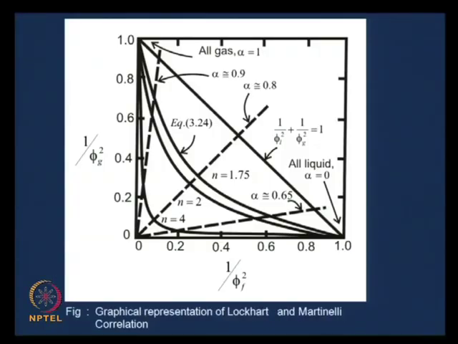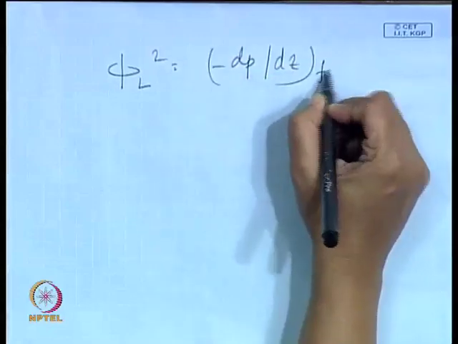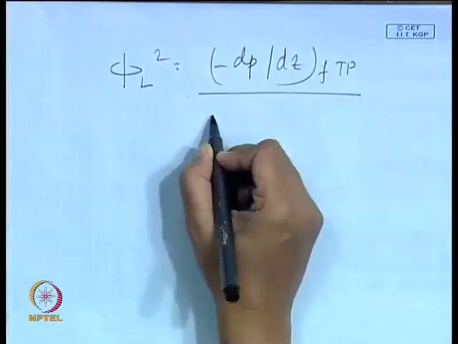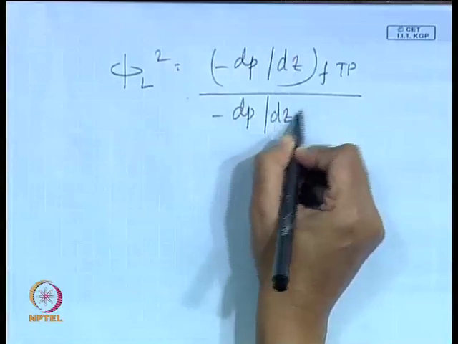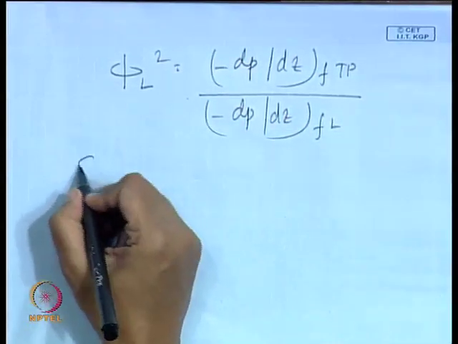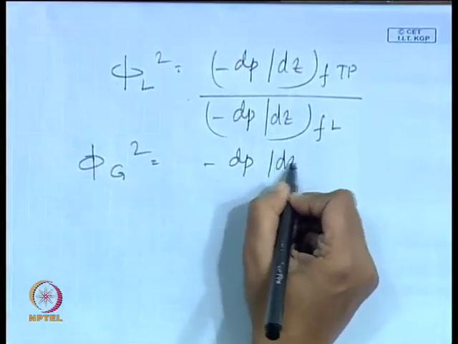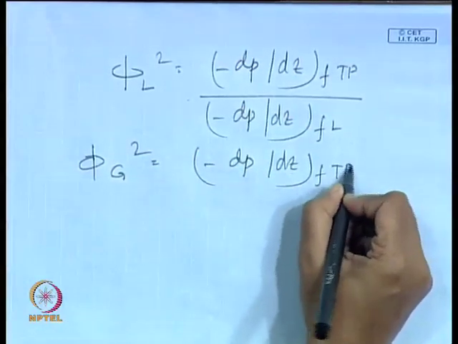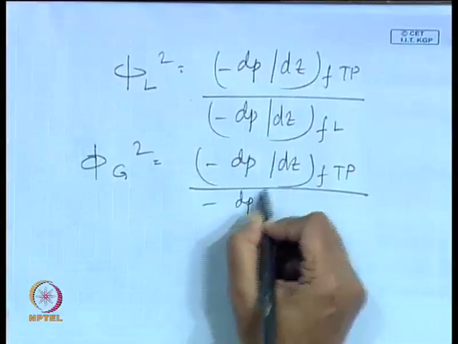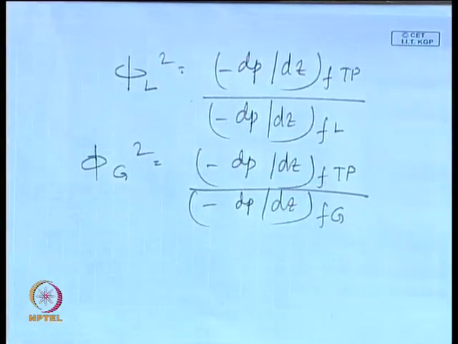The basic definitions were: phi L square is minus dP dz frictional two phase by minus dP dz frictional when that liquid portion flows alone in the pipe. Phi G square is minus dP dz frictional two phase divided by minus dP dz frictional when the gas phase flows alone in the pipe.